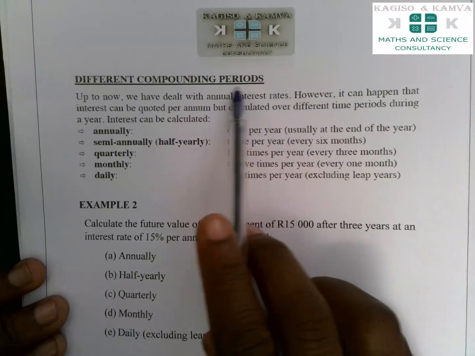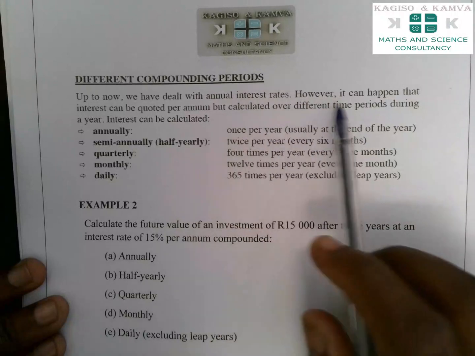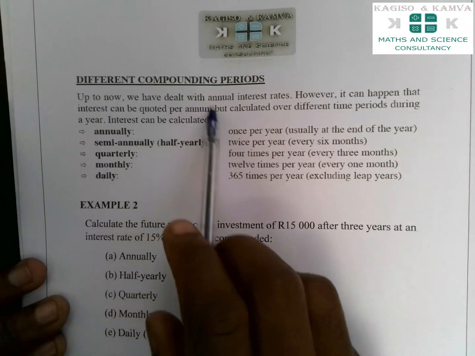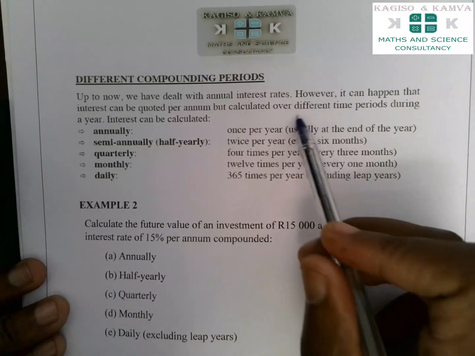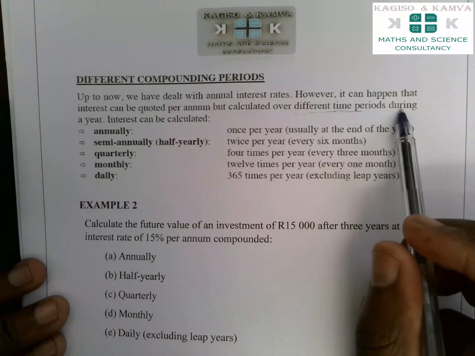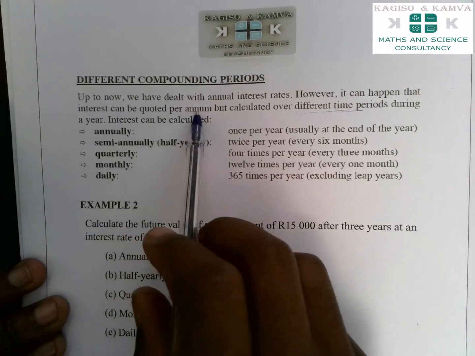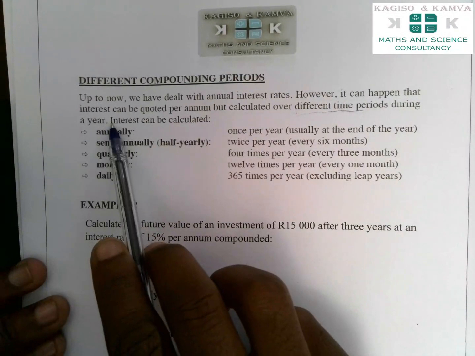Those interests were annual from the previous example. However, it can happen that interest is quoted per annum, but it is calculated over different time periods during a year.